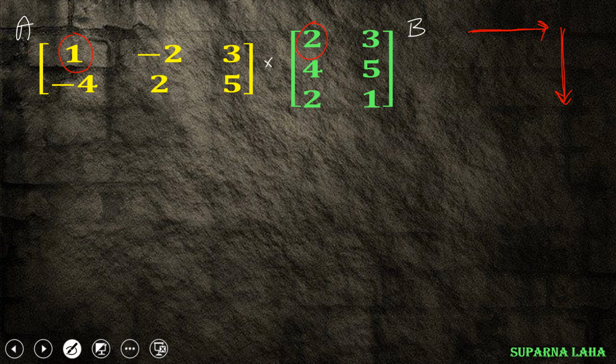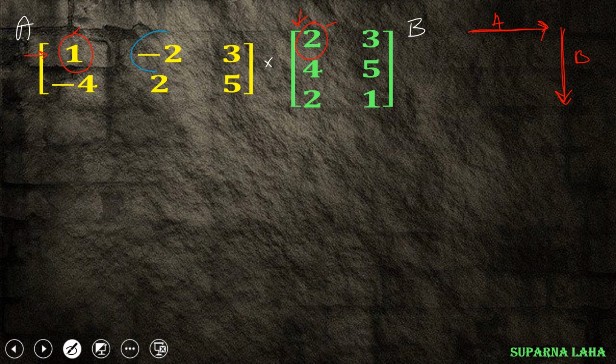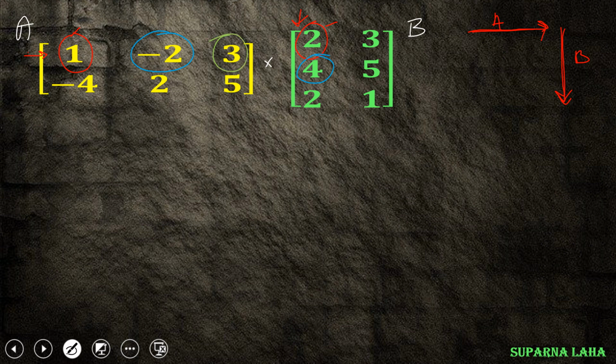If we are talking about the first row and the first column, that is the first row of A and the first column of B, so first row, first element, you need to multiply 1 with 2, and then the second element, minus 2 with 4, multiply them, and then 3 with 2, multiply them and add them.